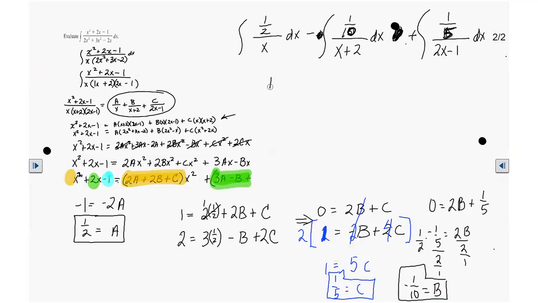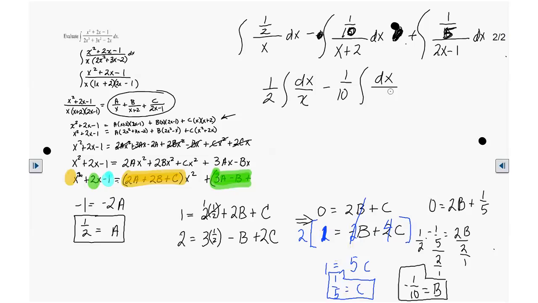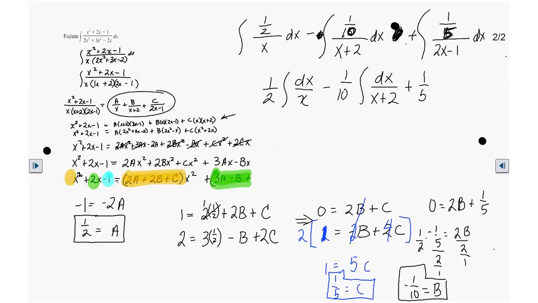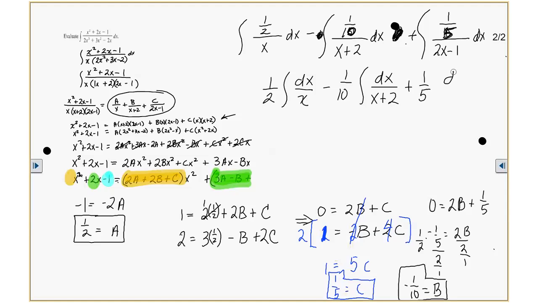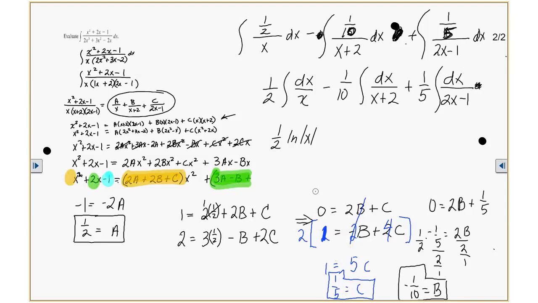So 1/2 integral of dx over x minus 1/10 dx over x plus 2 plus 1/5 dx over 2x minus 1, and that's going to be 1/2 natural log of x minus 1/10 natural log of x plus 2.